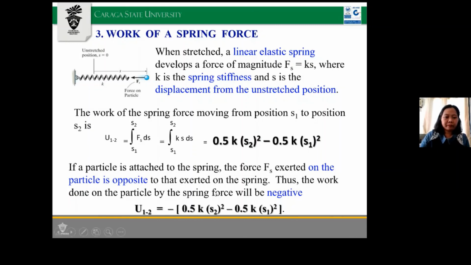So if this is the work done by the spring force, then this is the work done on the particle, and the force exerted on the particle is opposite to that exerted by the spring. So that is why it is negative.